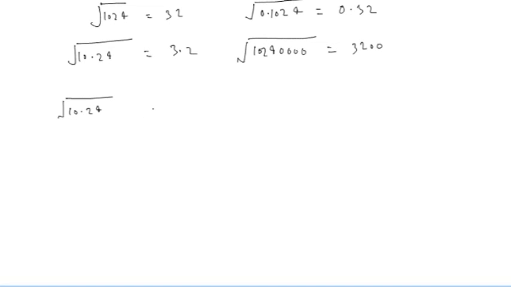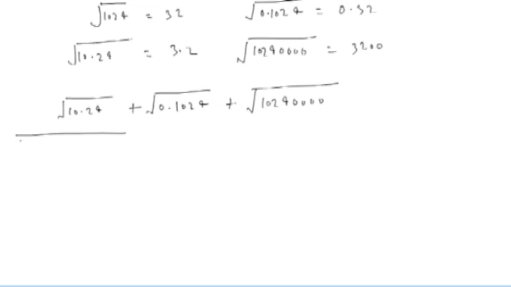10.24 plus 0.1024 plus 1024, 1234. So the square root of this number is, so how to solve this?